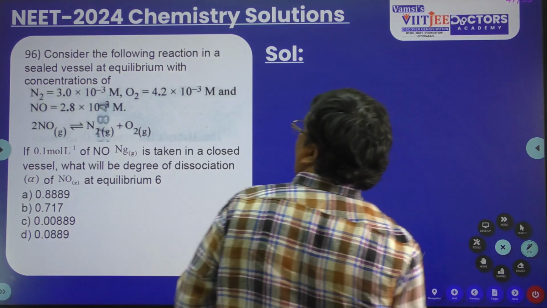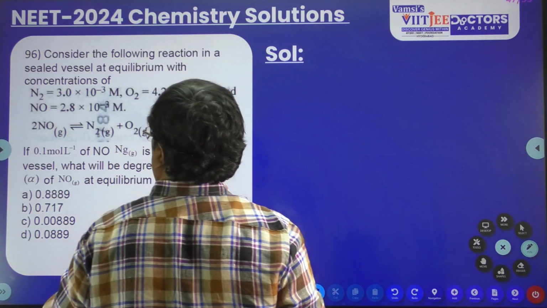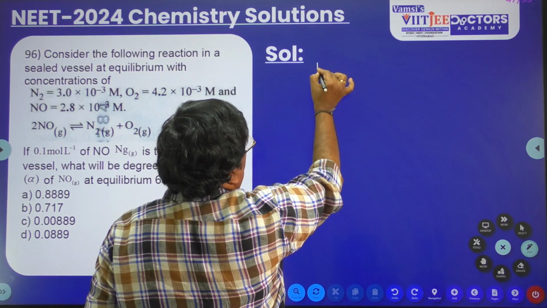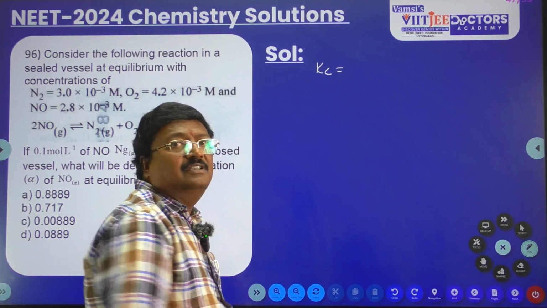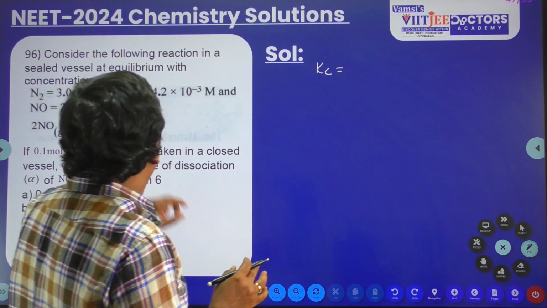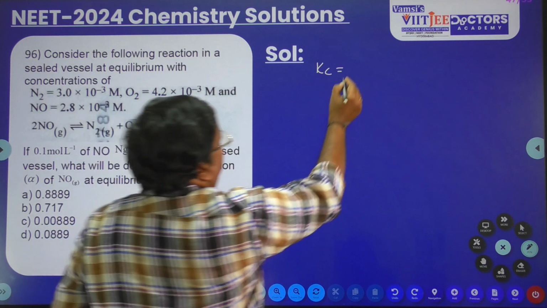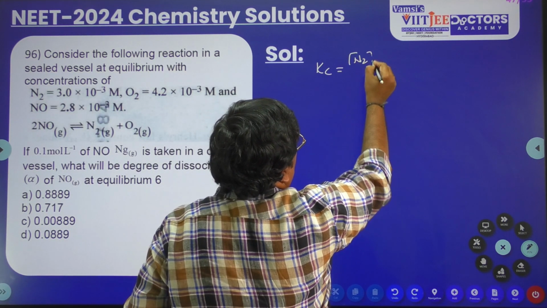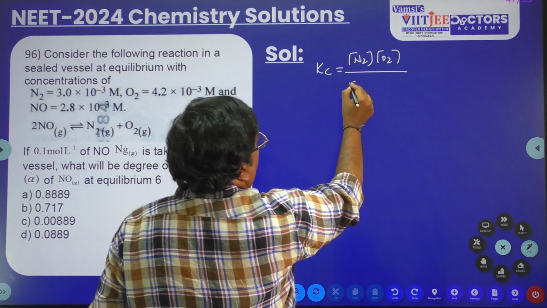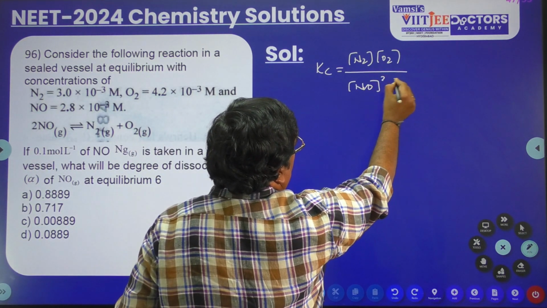And later, coming to 96, here first you have to calculate Kc, which is product concentration by reactant concentration. Here it is the concentration of N2 and O2 by concentration of NO power 2.